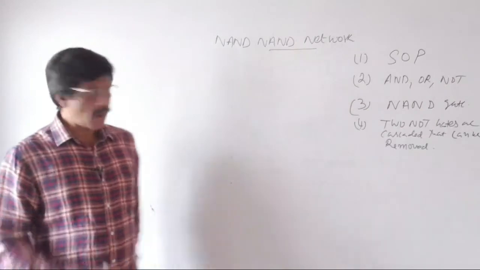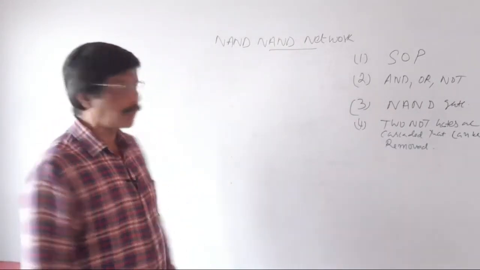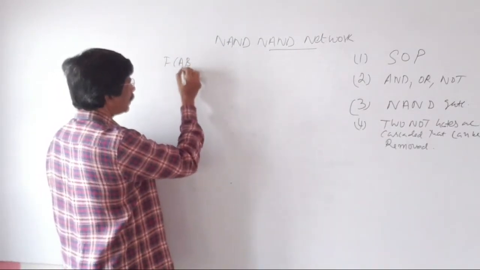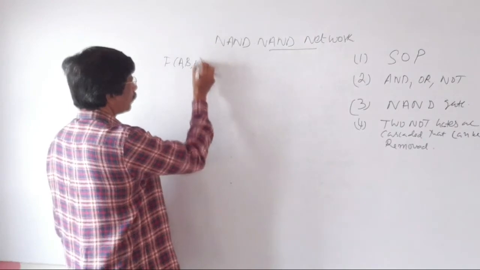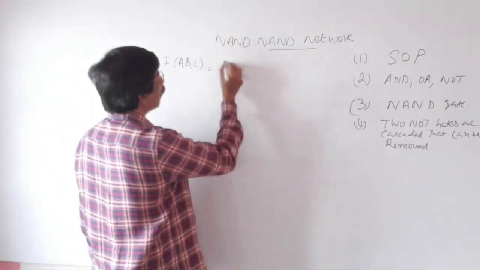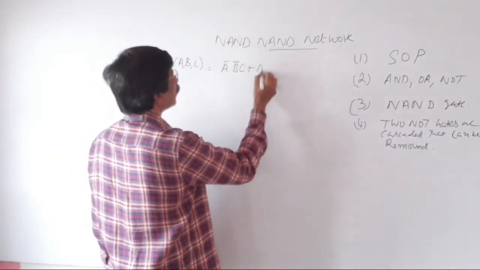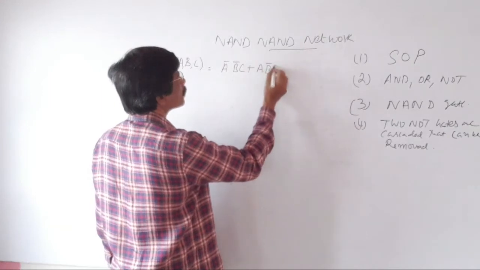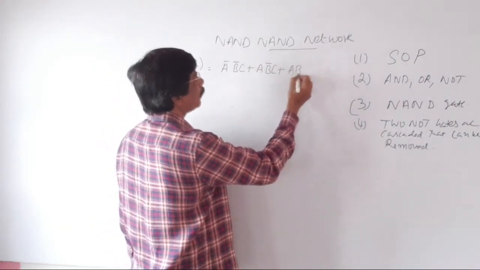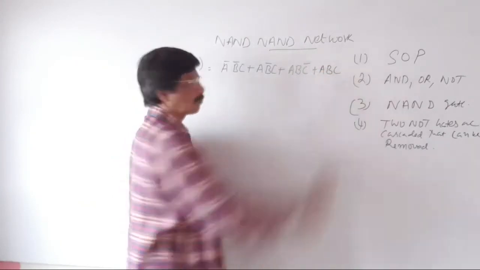To study this NAND network, let us consider one equation f of a, b, c is equal to a bar, b bar, c plus a, b bar, c plus a, b, c bar plus a, b, c.